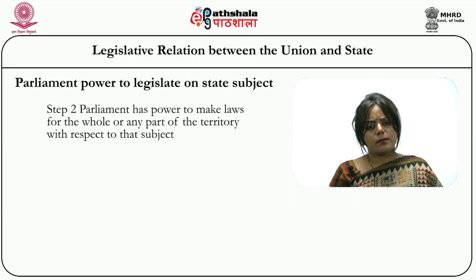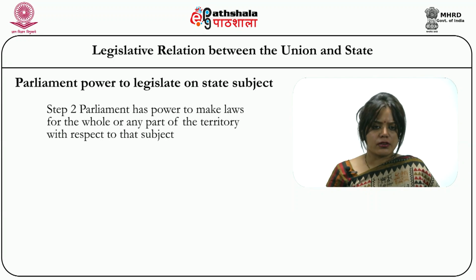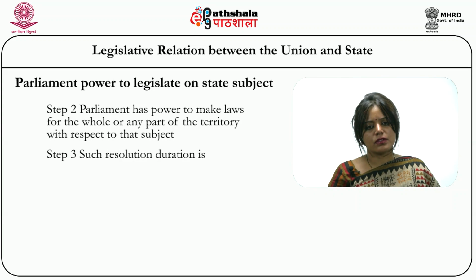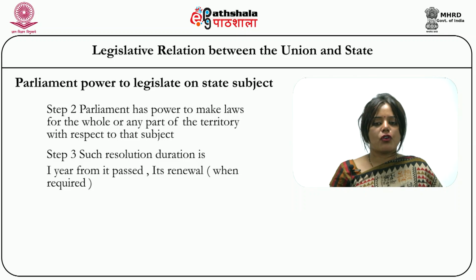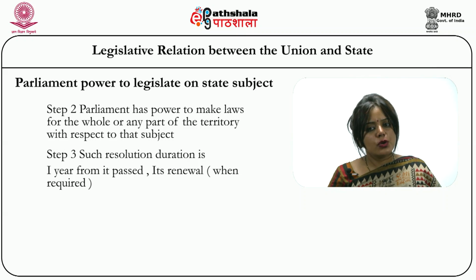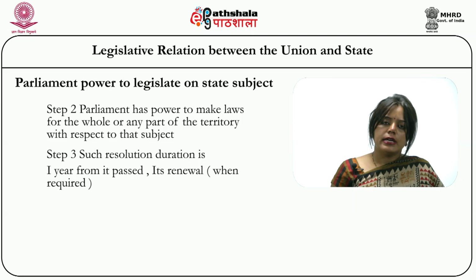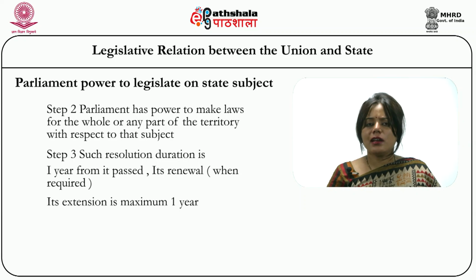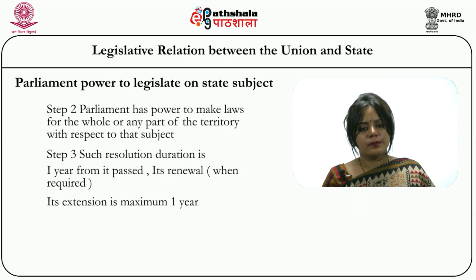In the second step, Parliament has power to make laws for the whole or any part of the territory with respect to the subject. And the third step is that such a resolution's duration is 1 year from when it is passed. Its renewal, when required, its extension can be a maximum of 1 year.